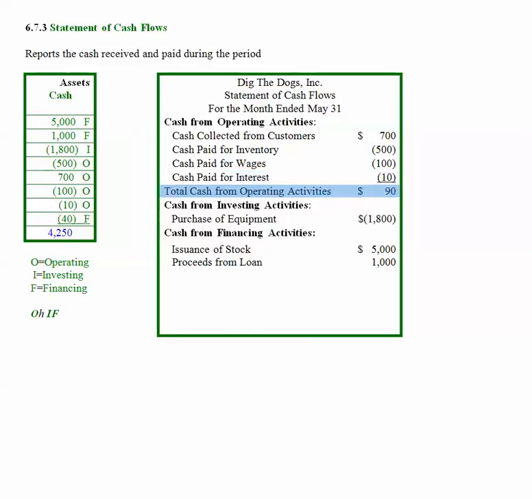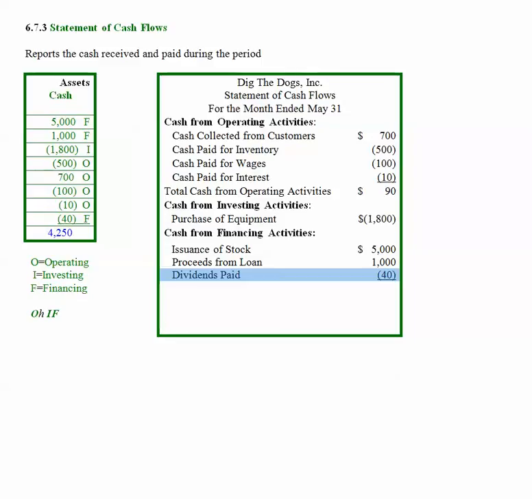So I can tally that up, and we, being the company, have generated $90 from operating our business. Now the other thing we have here is $40 of dividends, and that's a financing activity, and that concludes all the activity during the period.